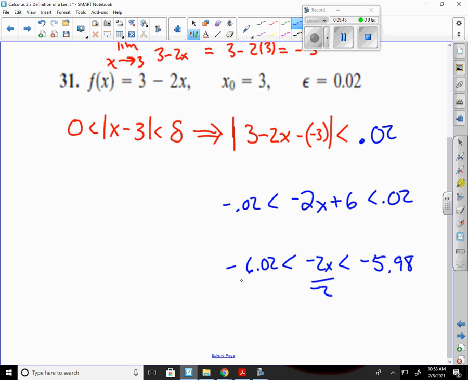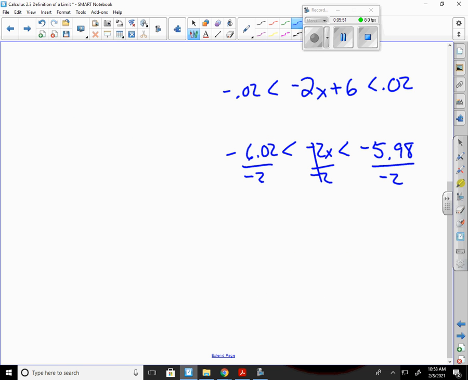Divide by a negative 2. I'm left with x in the middle. When I divide by a negative, it means that the direction of my inequality changes. This becomes 3.01. And then negative 5.98 divided by negative 2.